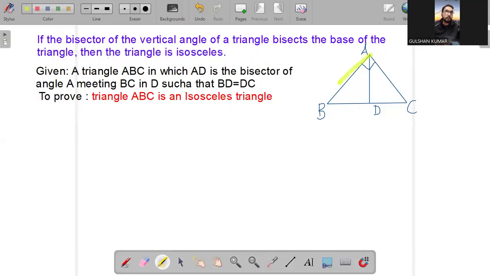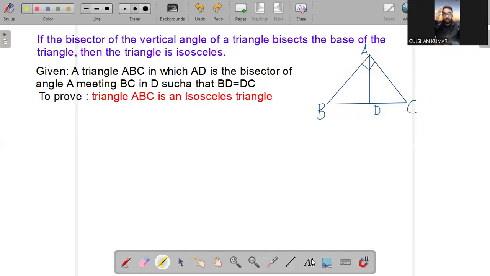This one is AB and this one is AC. We know that when a triangle is isosceles, then two sides of the triangle will be equal, so that AB equals AC.